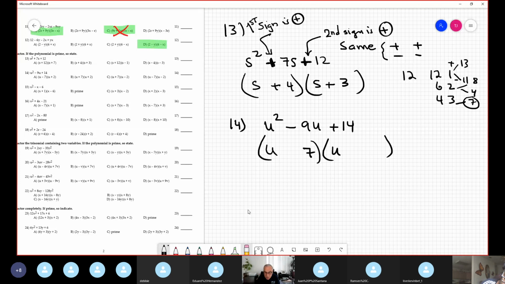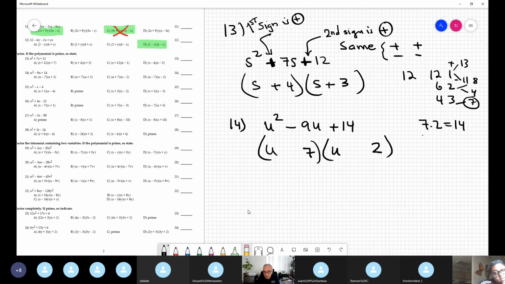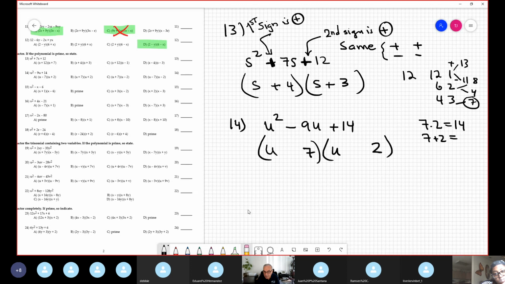7 and 2. Just in case, write on one corner of the piece of paper for verification: 7 times 2 is 14, and 7 plus 2 is 9. Maybe plus or maybe minus, addition or subtraction. Sometimes subtraction works, but in this case, no. And analyze the problem of the sign.